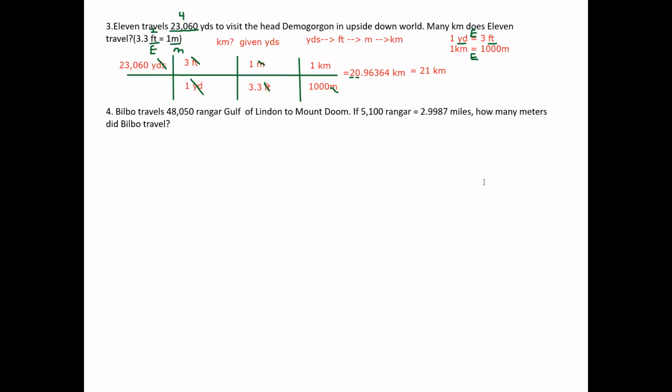So here we're back to Middle Earth. Bilbo travels 48,050 Rangar, pardon my English, to Rangar to the Gulf of Lindon, from the Gulf of Lindon to Mount Doom.